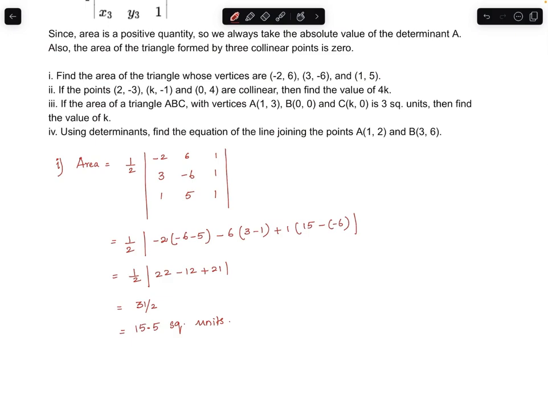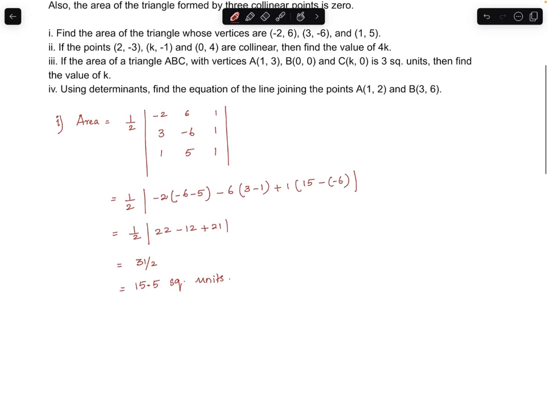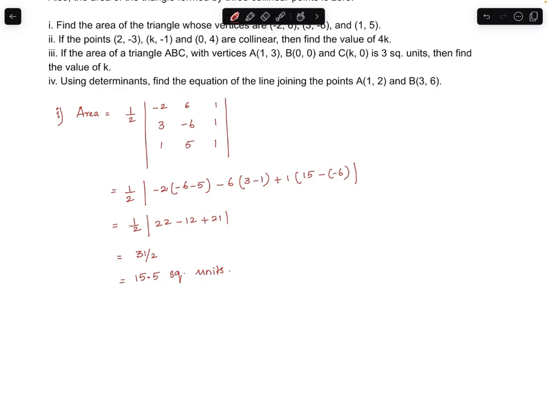Question 2. If the points (2, -3), (k, -1) and (0, 4) are collinear, then find the value of 4k. So 3 points are given. Those 3 points are collinear. That is, the area formed by these 3 points is equal to 0.